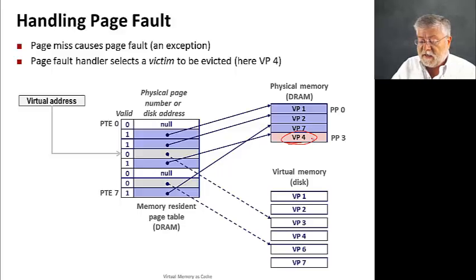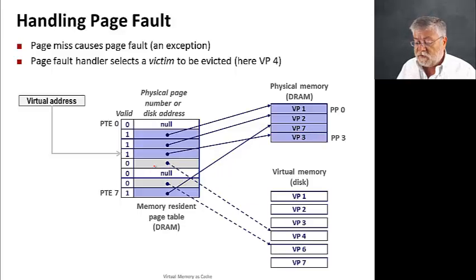In this case, it's going to pick that last page in physical memory, virtual page number 4, and it's going to remove that from the physical memory. How does it remove it from memory? Well, it doesn't really remove it. It just simply changes the page table entry to no longer point to it from the location for virtual address 4 in the page table.